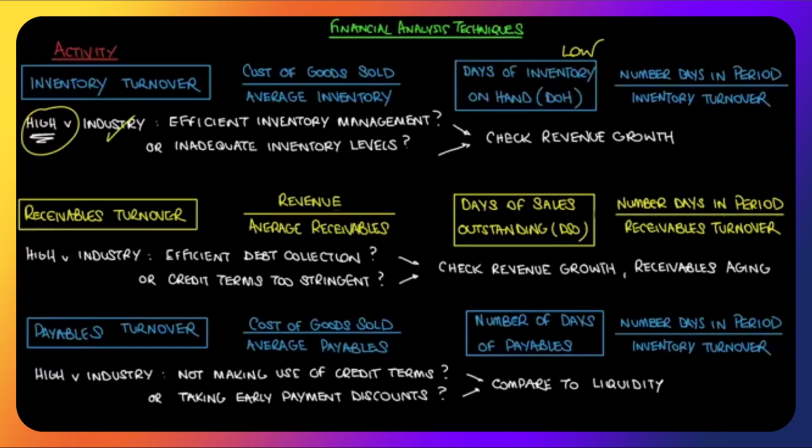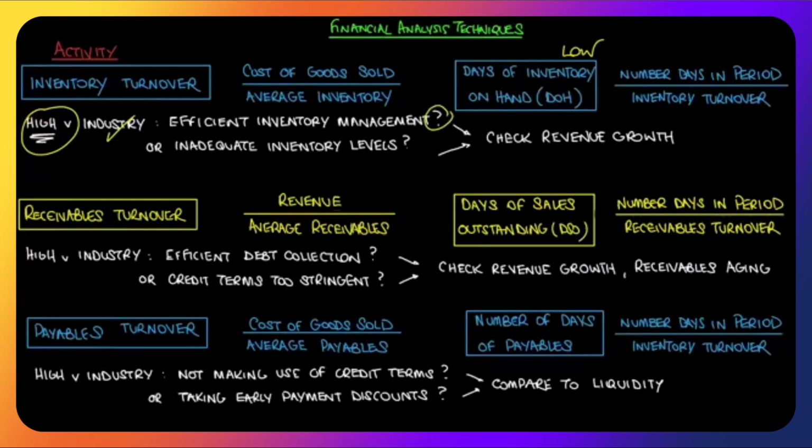Why is that good? If we're being efficient, we don't have to have as much inventory in the warehouse as our competitors, or rather it doesn't stay there as long, which means we save cash. The longer your inventory sits in the warehouse, the more it costs you to store it and insure it and so on.